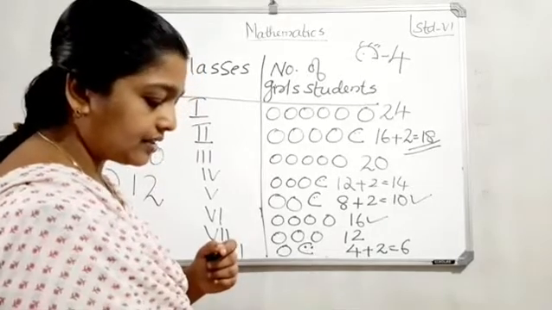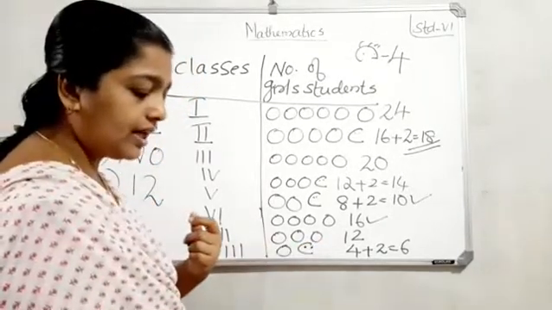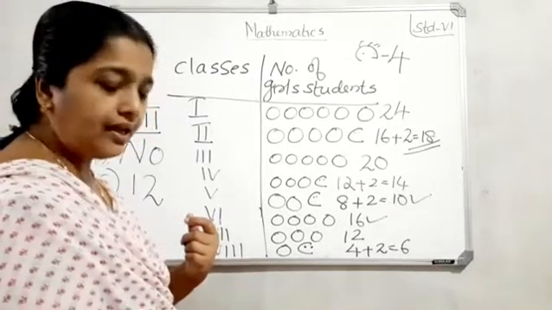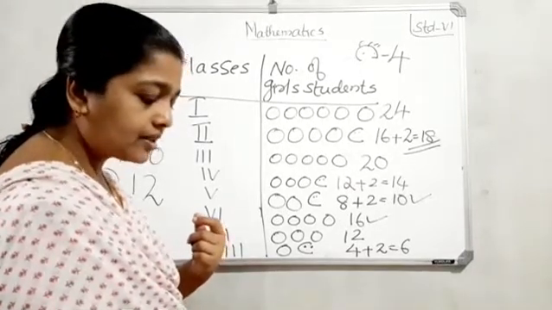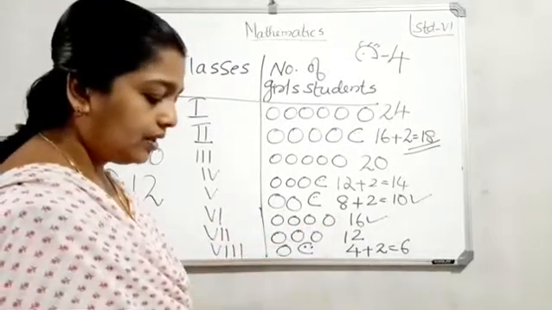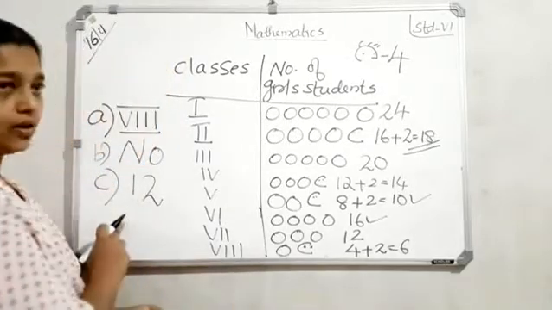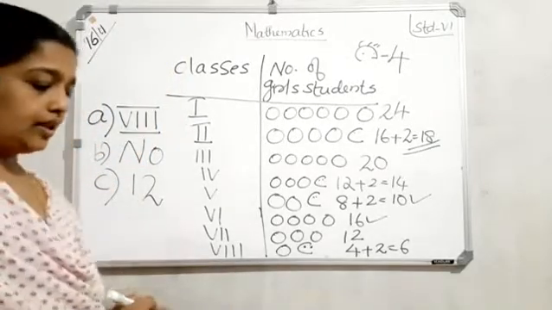Answer, yes, 12. So first one, which class has the minimum number of girl students? 8. Is the number of girls in 6 less than the number of girls in 5? No. Then how many girls are there in class 7? Answer 12. Yes.